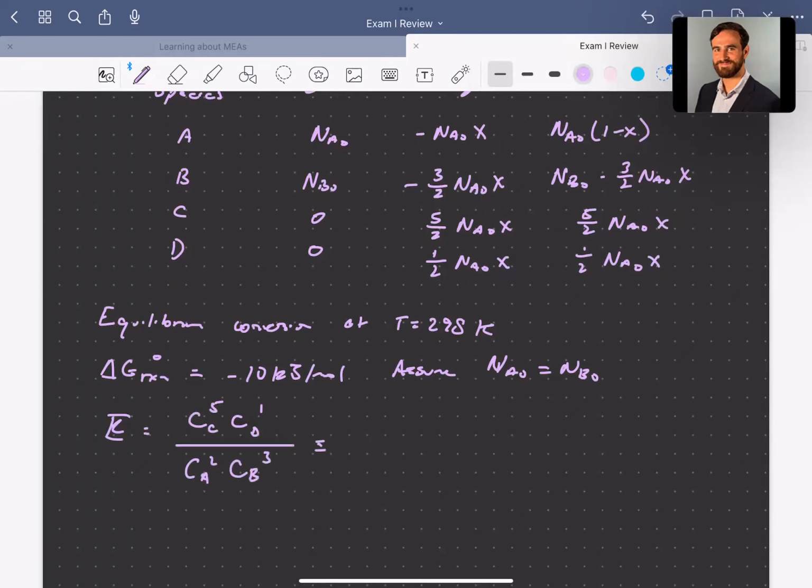So now we have equations for all of these in terms of conversion. Since it's constant volume, we can write these in terms of concentration.